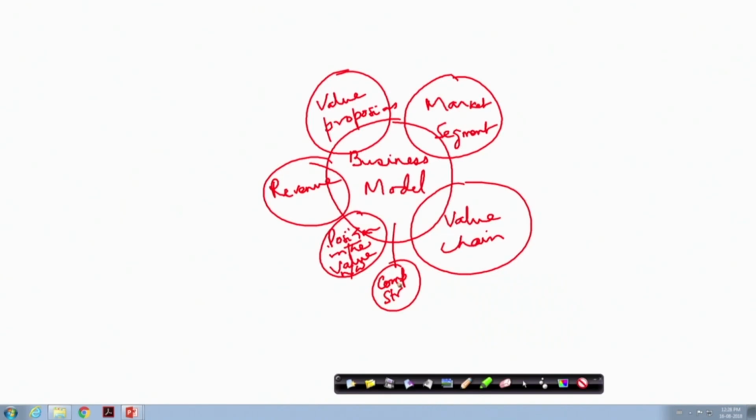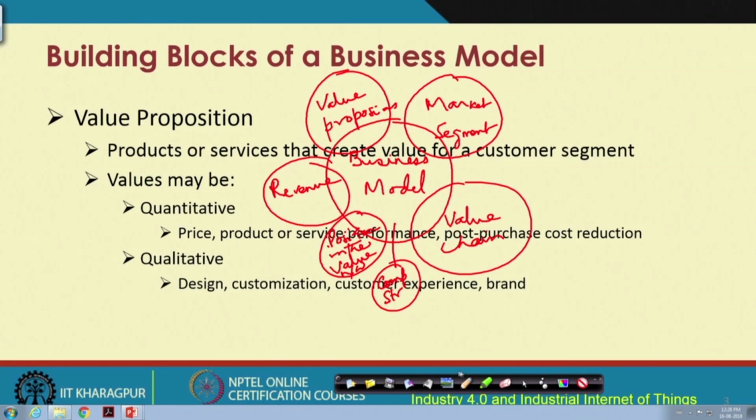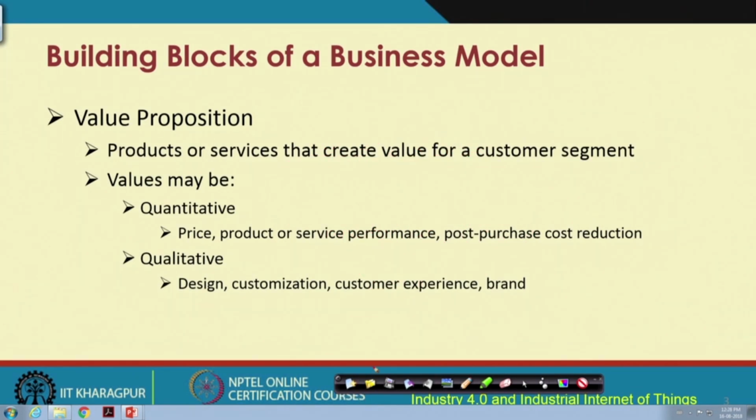So, having understood this, let us now go back to the different building blocks that we have seen a little while back. The first one is the value proposition. Let us take up the value proposition first. We are talking about offering values to the customers.